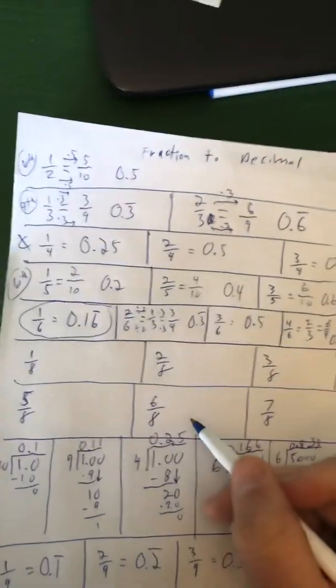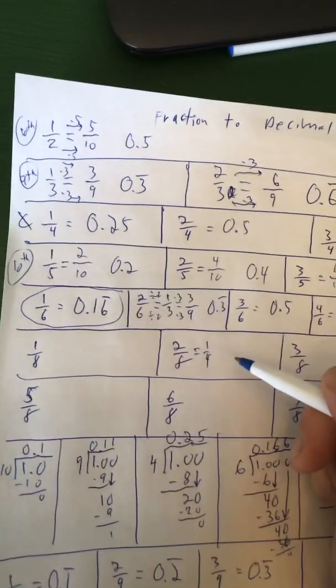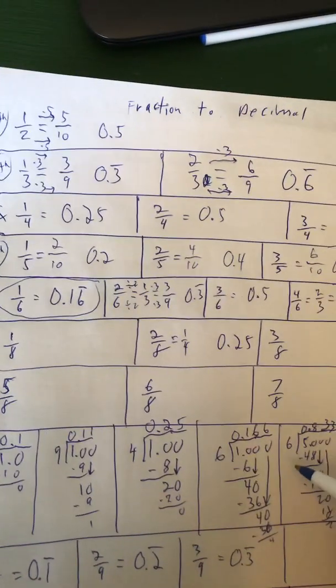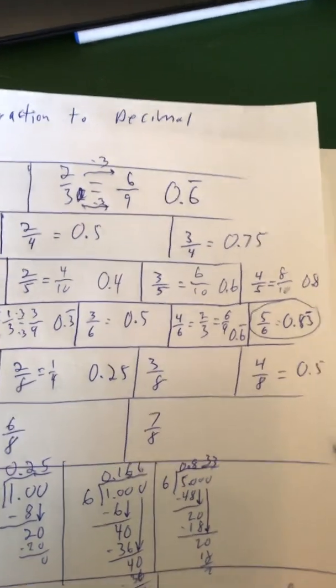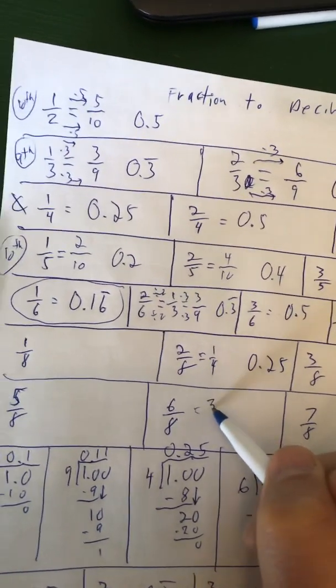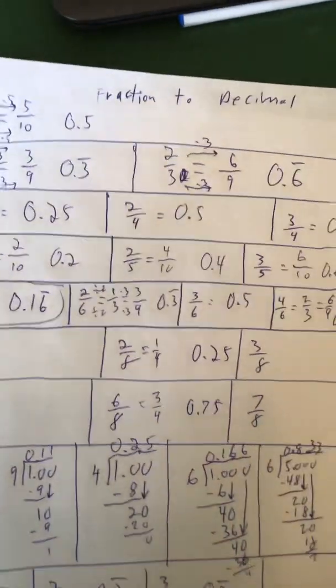Now, I'm going to do the easy ones for 8s. 2/8 reduces to 1/4. Divide by 2, divide by 2. That's 25 hundredths. 4/8 is a half. So that's 5/10. And 6/8 reduces to 3/4. So that's 75 hundredths, 75 cents.